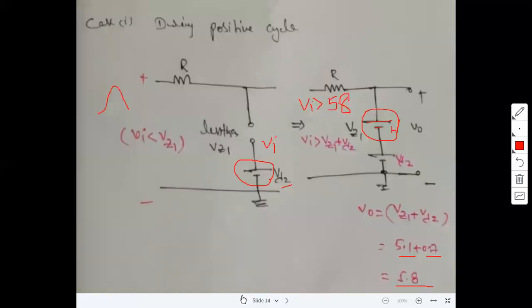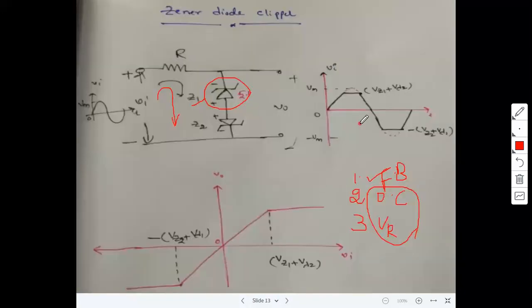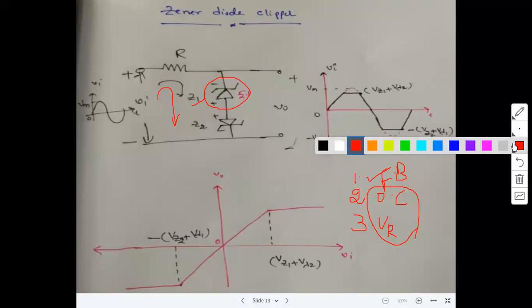Now observe here the waveform. So this is the waveform. Here, during the positive side, when the input signal is less than Vz1 plus V gamma 2, so that it is not in breakdown, output follows the input. Okay. When the input signal is greater than Vz1 plus V gamma 2, output is limited to Vz1 plus V gamma 2.